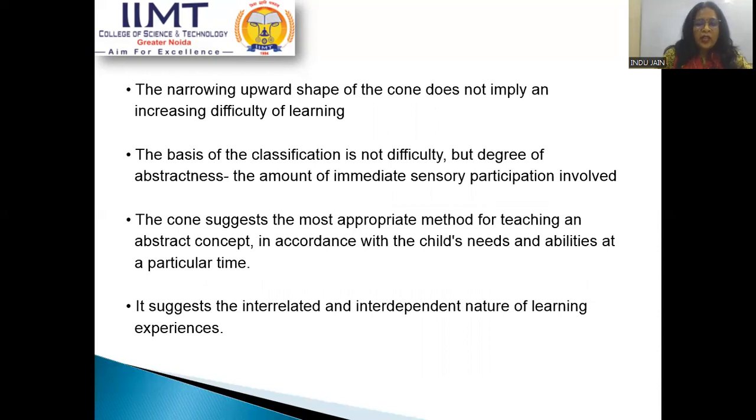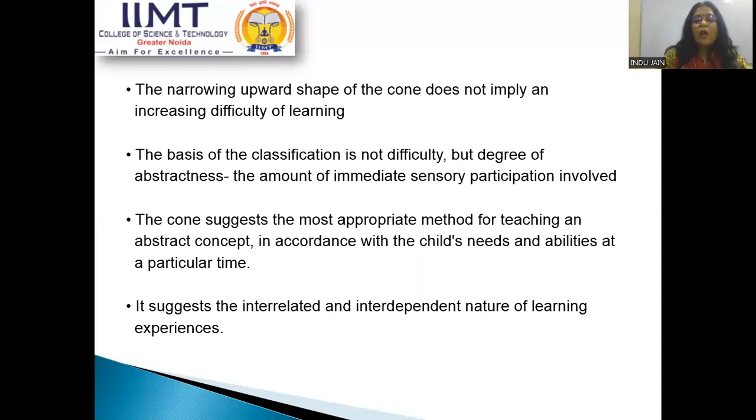Here you can see that the cone becomes narrow as we go upward. The narrowing upward shape of the cone does not imply an increasing difficulty of learning, but the basis of its classification is the degree of abstractness.